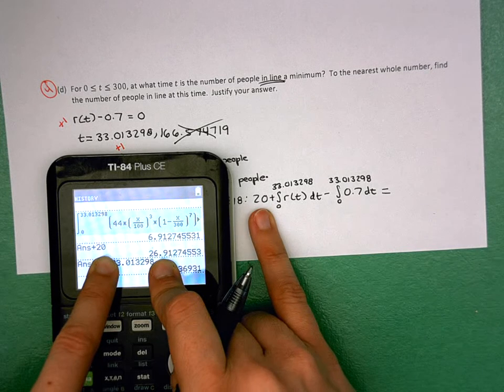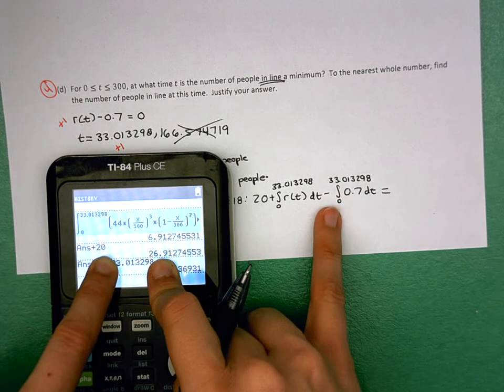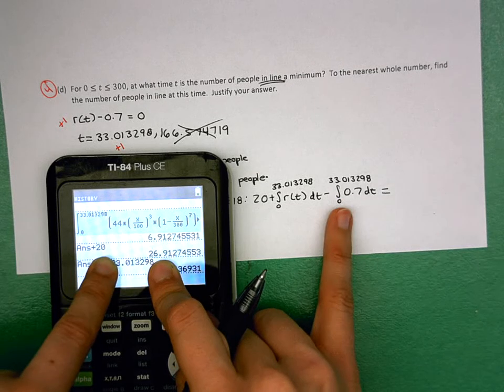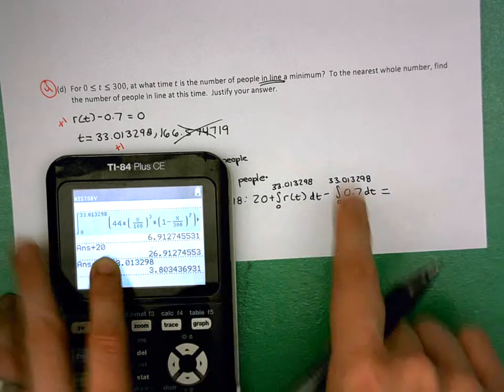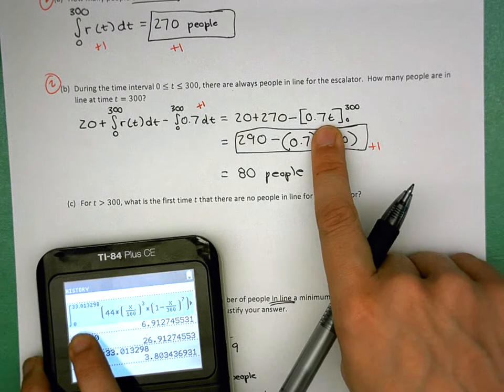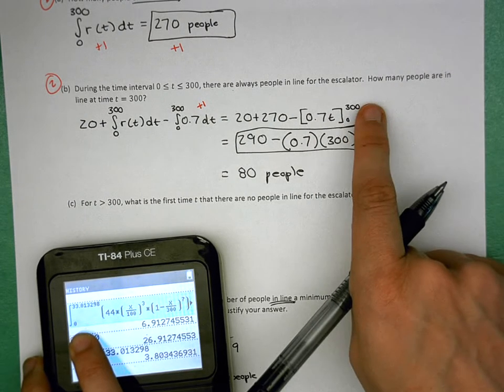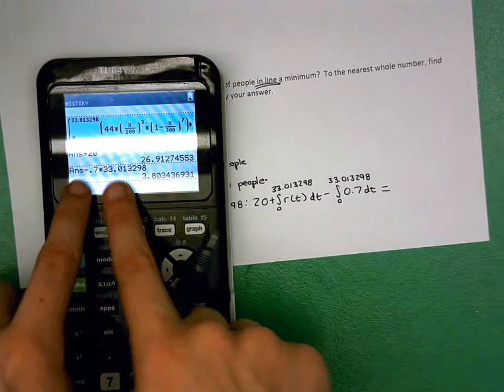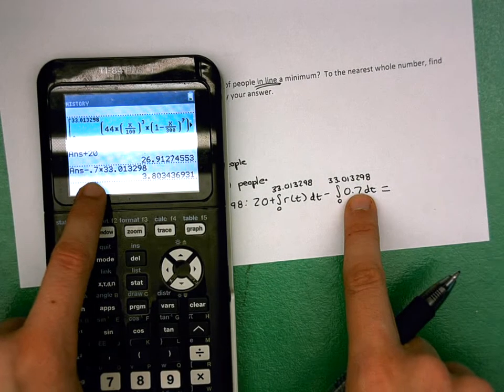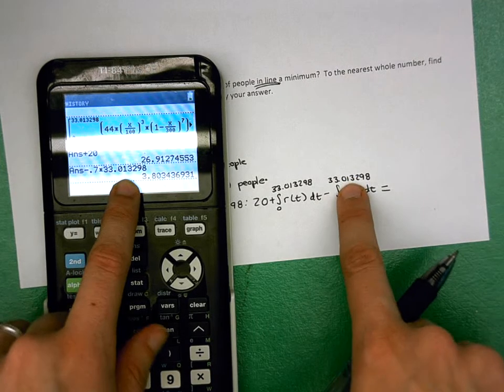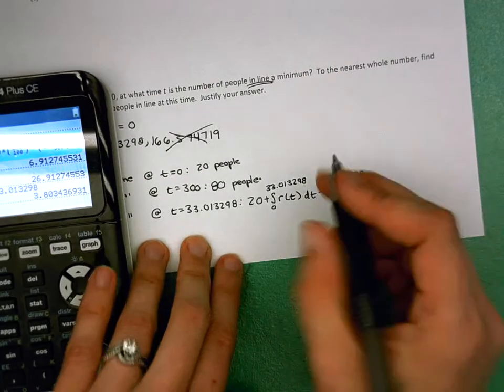And then I myself did like a pseudo integral here. So remember the integral of 0.7 was 0.7 times t. But now instead of 300, we're going to have the 33 up here. And so I myself just did minus the 0.7 times my t, the 33. Let me actually show why that works.